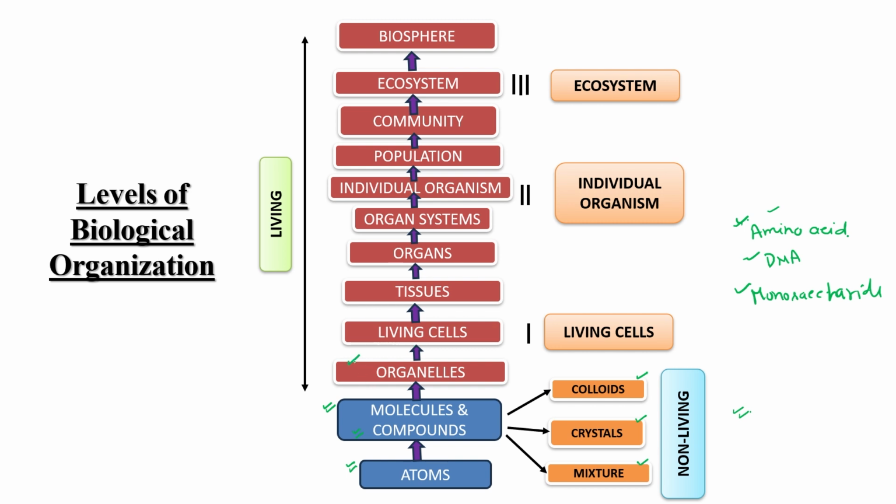Then organelles, right? Then organelles to living cells. From this living cell, a single basic structural and functional unit of living is a basic unit, right? So the living cell comes under this category, first trophic level. Then similar kinds of cells combine and perform a similar kind of function, then we can use the term tissue for the same.